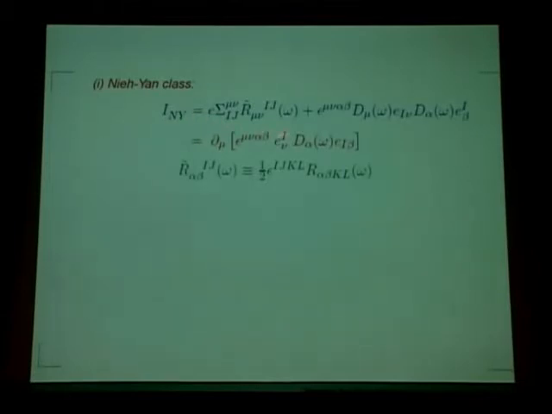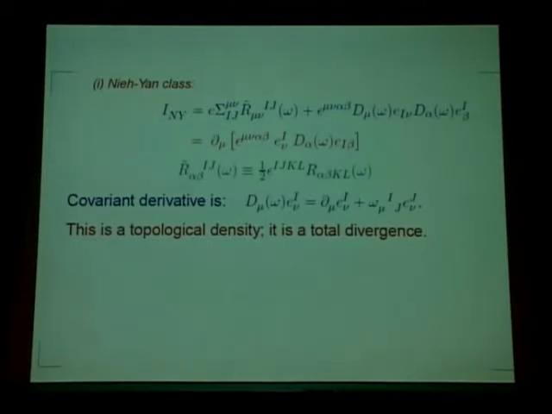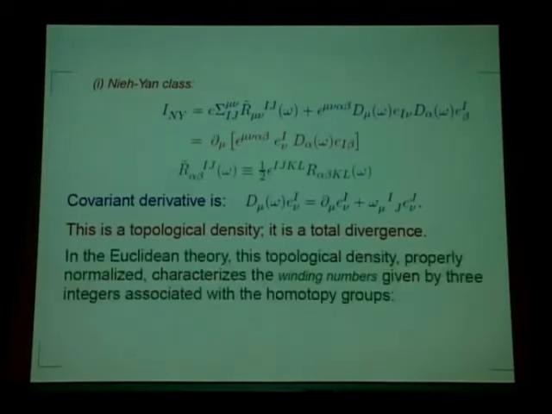This Nieh-Yan density is a total divergence, which is what any topological density has to be. It is indeed a topological density because it does measure topological properties. And the covariant derivative here is covariant only with respect to the SO(3,1) group. So this is a topological density and is a total divergence.